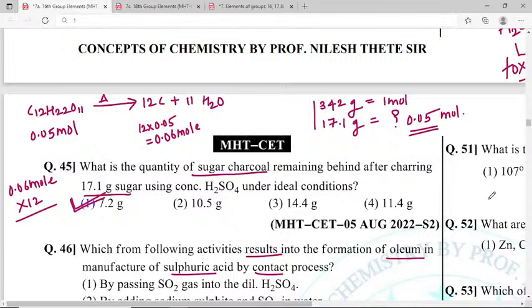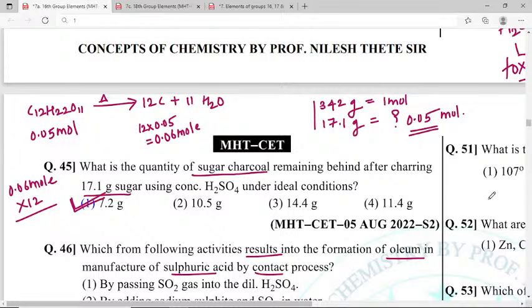So please check question number 45. What is the quantity of sugar charcoal remaining behind after charring 17.1 gram sugar? C12H22O11 gives 12C plus 11 water. The molar mass of the sugar is 342 gram, which is 1 mole. So 17.1 gram is 0.05 mole.